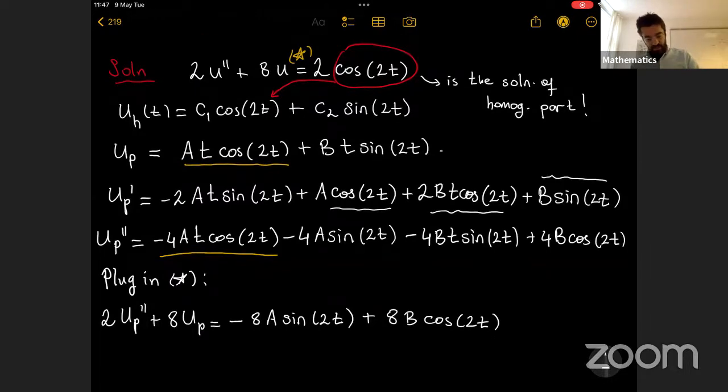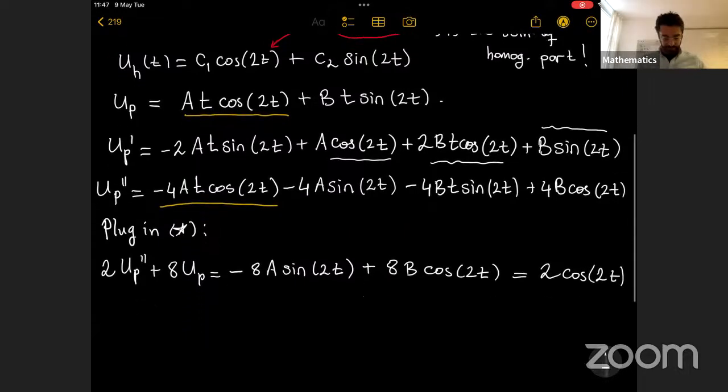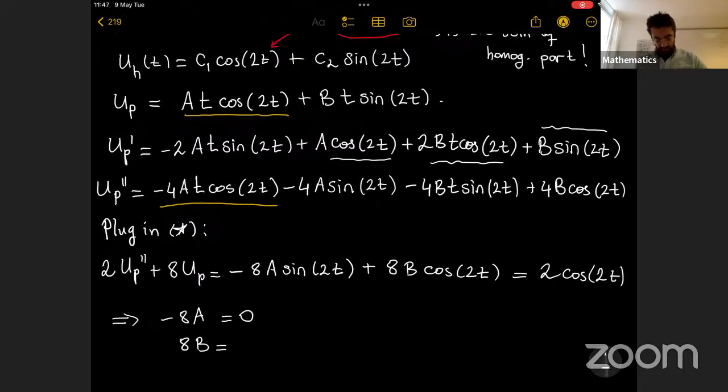And it's going to be equal to the right hand side, 2 times cosine 2t, which tells you basically minus 8a is equal to 0 and 8b is equal to 2. So a is equal to 0 and b is equal to 1/4.